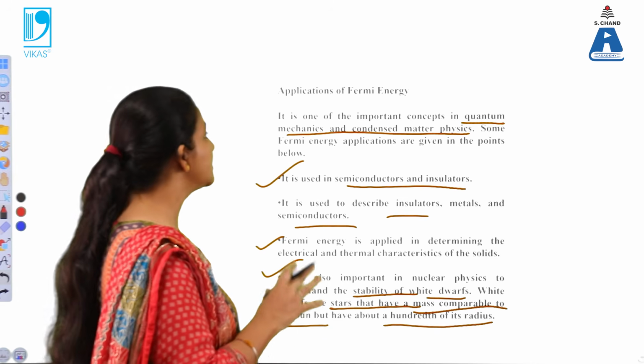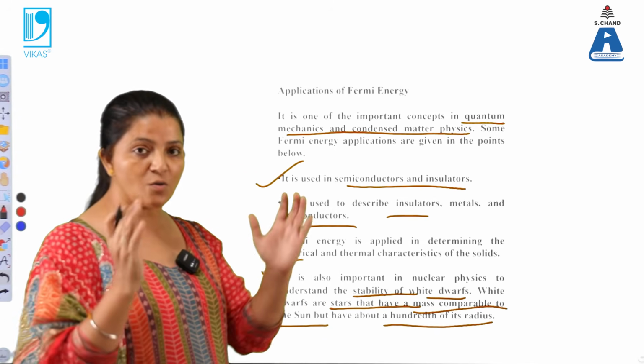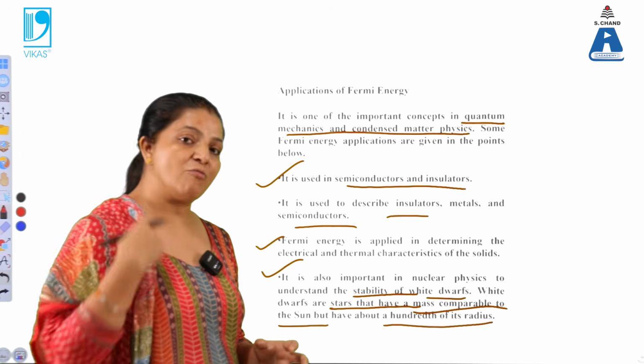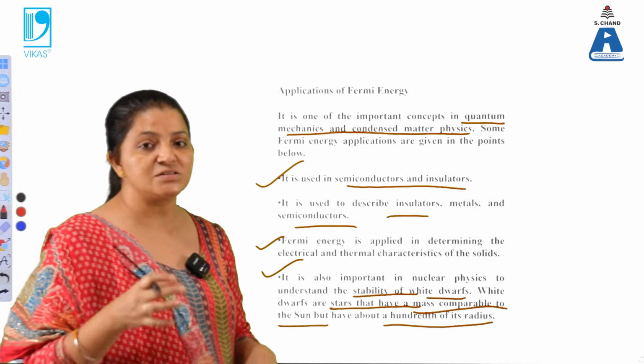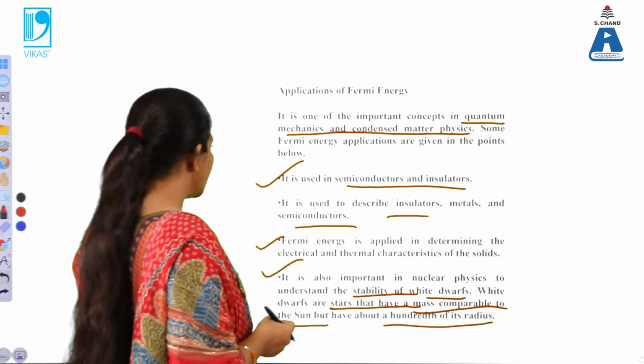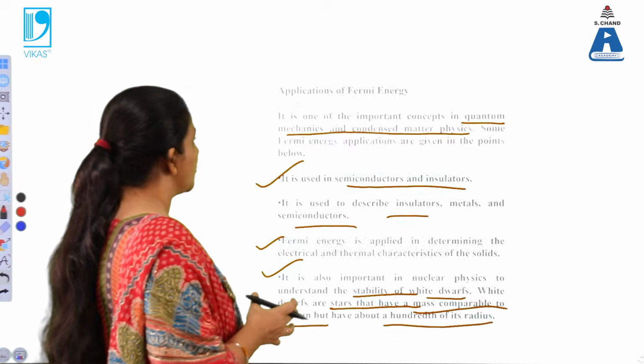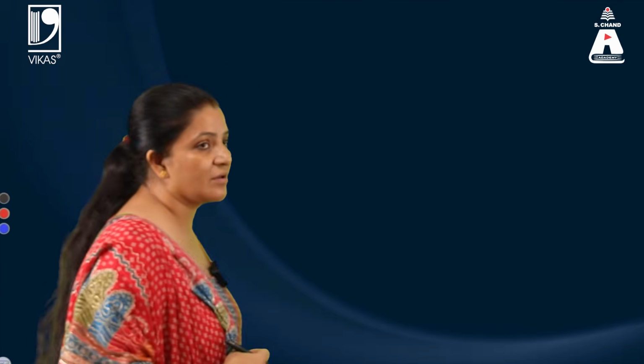All these things can be explained by the Fermi energy, according to which a large amount of particles is trapped in a small area. So by using the concept of Fermi level energy, it is very easy to distinguish between metals, semiconductors, and insulators.